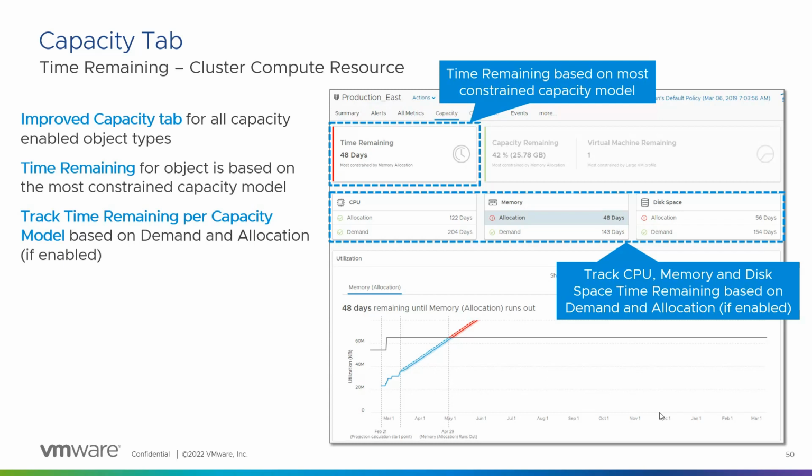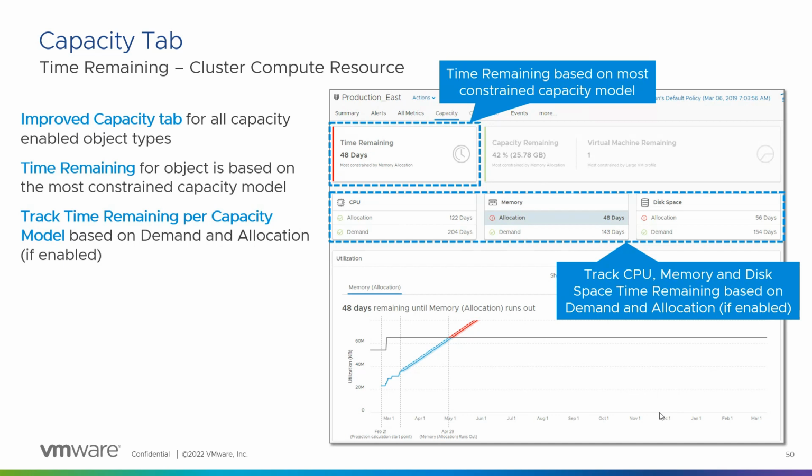Remember when I talked about how time remaining is calculated, it calculates time remaining on CPU, memory, and disk space. And if you have allocation enabled, it'll also look at CPU allocation, memory allocation, and disk space allocation. So you could have 6 different dimensions doing these projections every 5 minutes. Then it looks at the most constrained of each of those capacity models that are enabled.